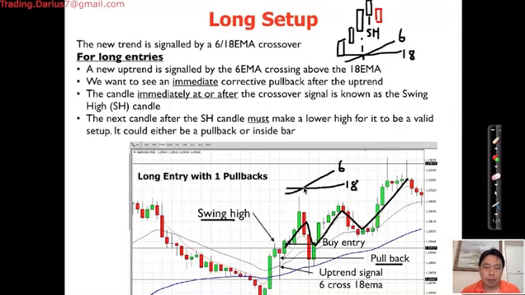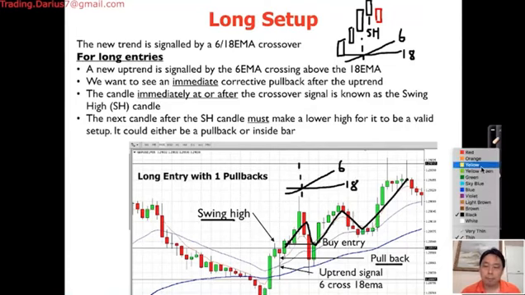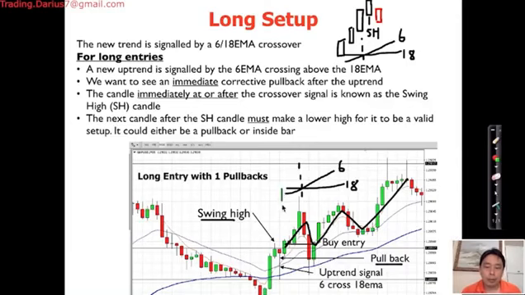Great, so this is the cross, the exact point of the cross. Say we have a candle over here, and right at the cross we have this candle. At this point, when the candle closes, you may think, hey, that's a swing high candle, because it's right at the cross.